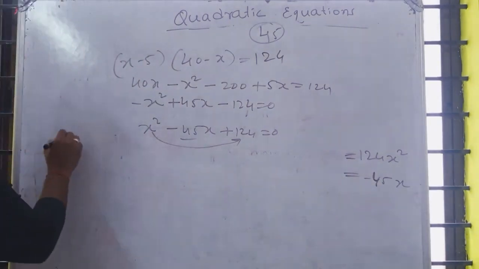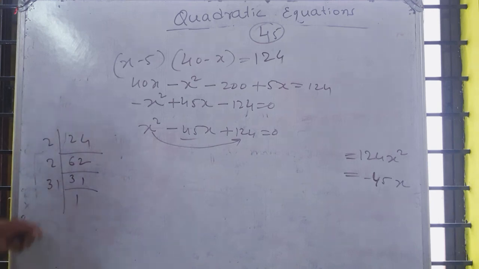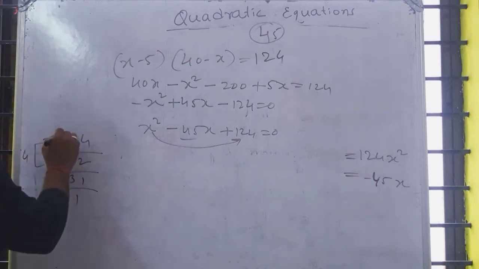Let us see. 124: 2 6s are, 2 2s are, 2 3s are, 2 1s are, and now 31 4s are. 31 plus 4, no, it won't work.